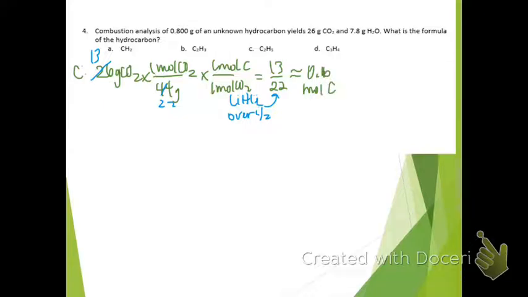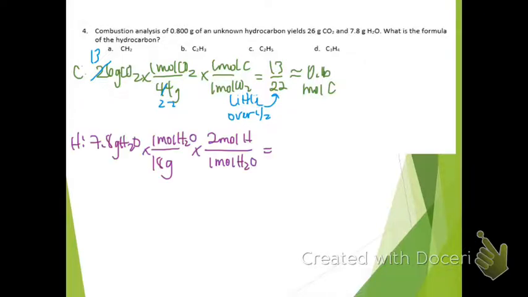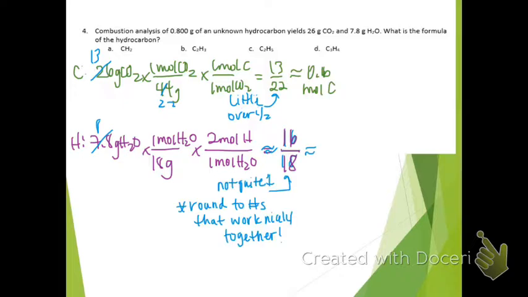We need to go and do the same thing for hydrogen, figure out how many moles of hydrogen are in our 7.8 grams of water. So once I have this set up, I'm going to look at where I can round and simplify my numbers. I'm going to go ahead and round this 7.8 to just 8. 8 times 2 is 16, so this is going to be approximately 16 over 18.